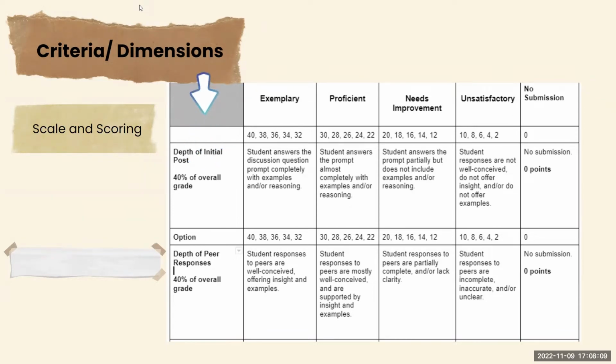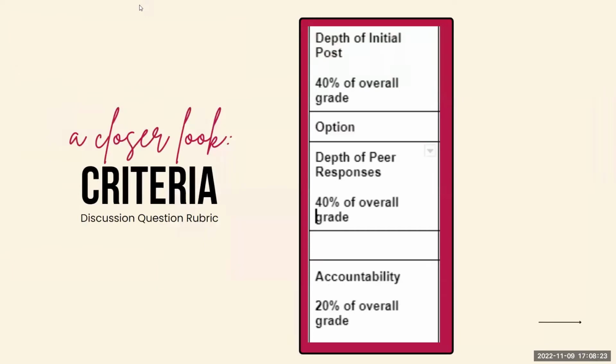Let's take a look at the Westcliff discussion question rubric a little closer. I've been using this discussion question rubric as the sample so far, but I want to take the criteria, right? Look where the arrow is pointing and zoom in here. Here you see three criteria or dimensions of the discussion question rubric. The three main expectations of a quality DQ are a fabulous response to the discussion post prompt, an equally amazing response to peers, and a little something our world needs more of besides love, called accountability.